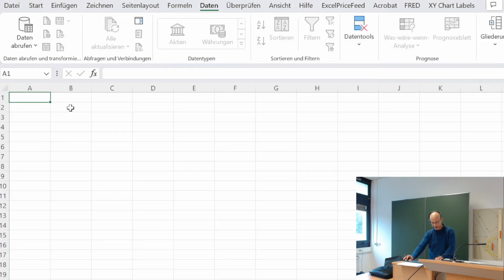Any idea? So let's take here the savings contract.